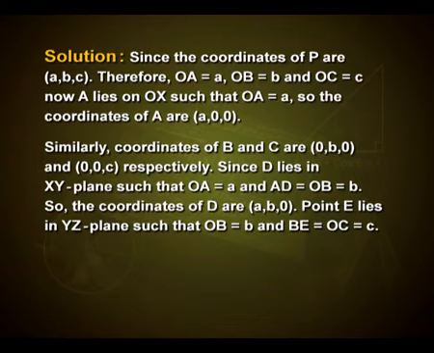Since D lies in xy plane such that OA = a and AD = OB = b, so the coordinates of D are (a, b, 0). Point E lies in YZ plane such that OB = b and BE = OC, which is equal to c.